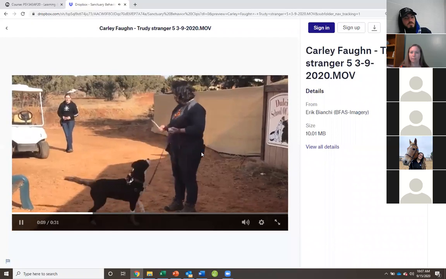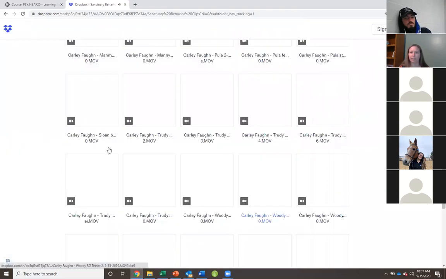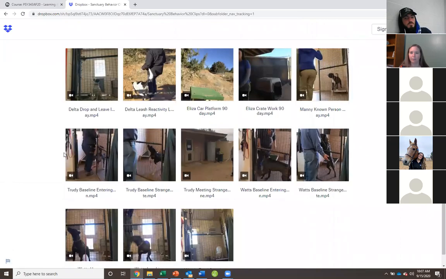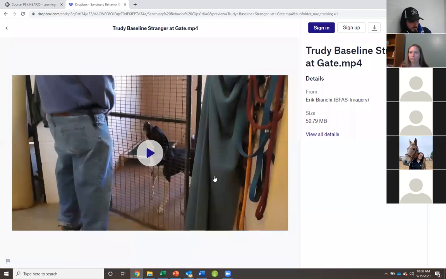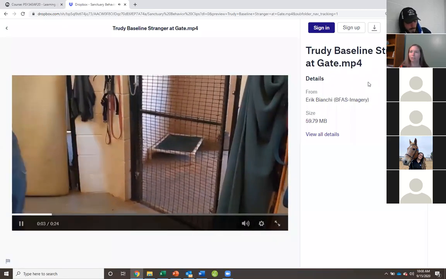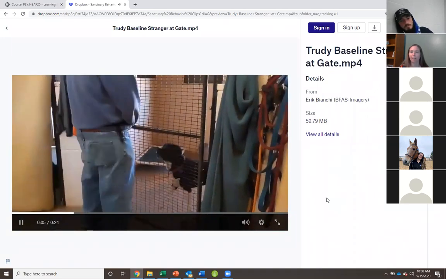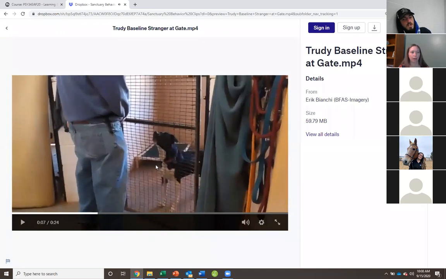No, I don't think that one does anything either. All right, let's see if I can find a good one for you. So this is a barrier reactivity. Oh, stranger barrier reactivity. So that's a behavior that we don't want to occur.